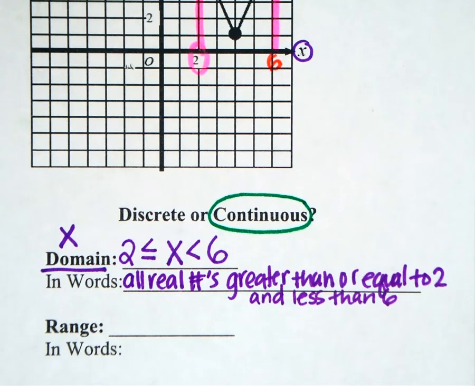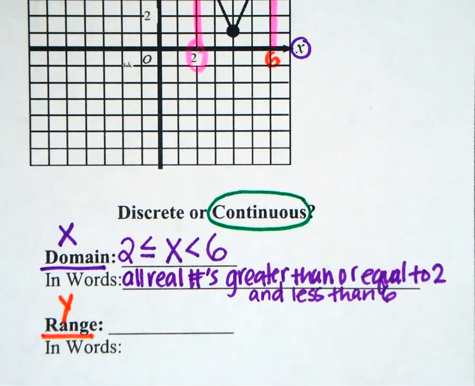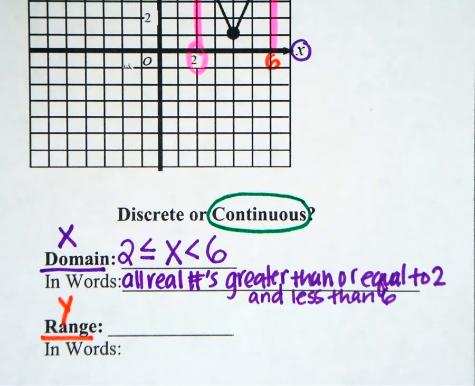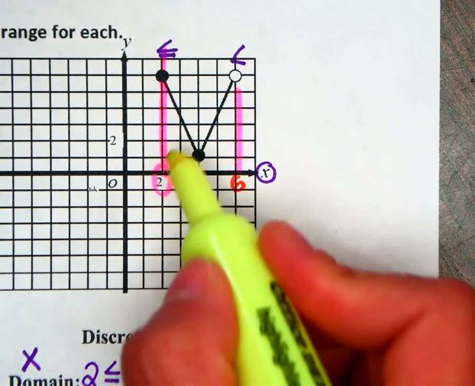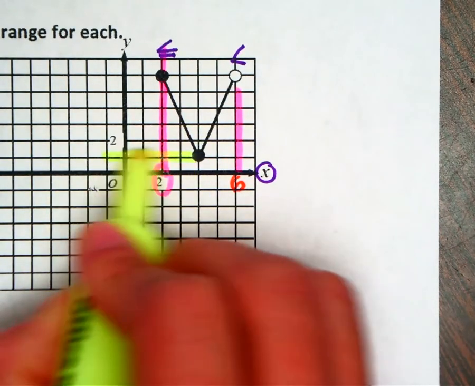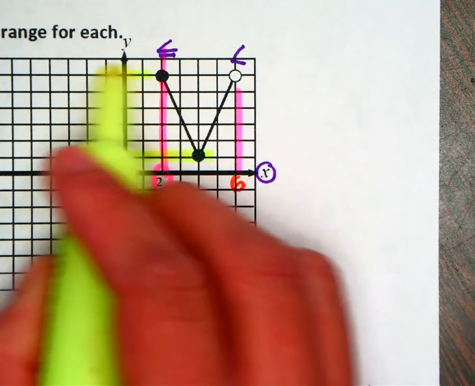So now we need to identify the range. When I identify the range, I'm going to look at the y values, and I'm going to look from the bottom to the top of my graph. So range are the y values, and I'm going to look at my graph and identify from the bottom of my graph, it begins at this point here, all the way to the top of my graph.